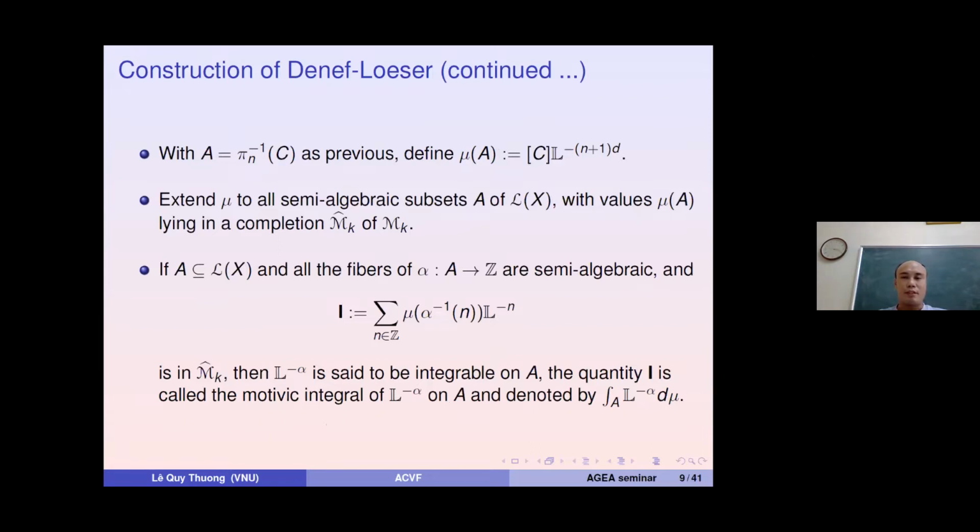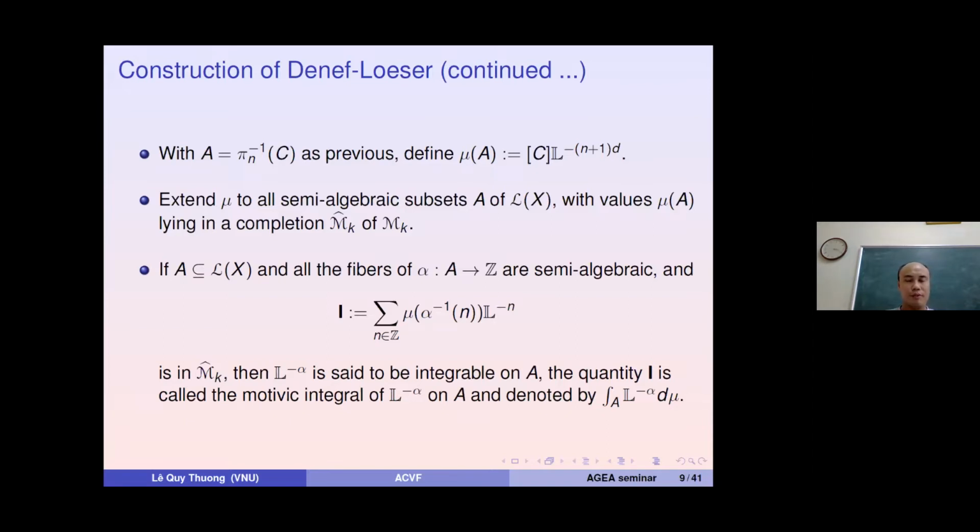In this case, we define the motivic measure of A as the class of C times L to the power minus (n+1)d, as seen on the screen. This is the first step of the construction of the motivic measure.